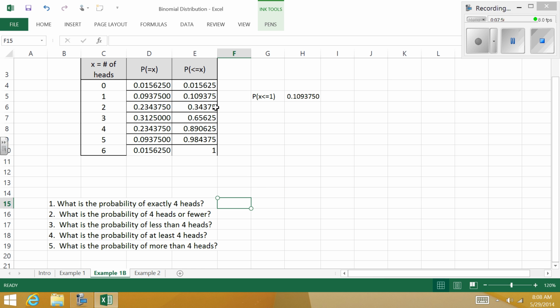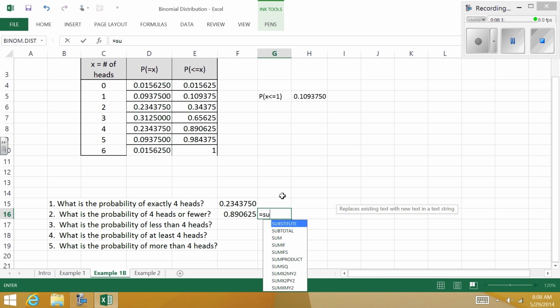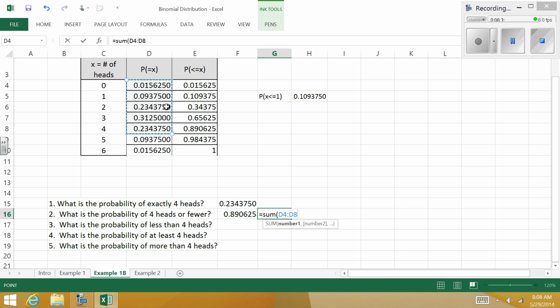The probability of exactly 4 heads is, as we found before, the value here. The probability of 4 heads or fewer is going to be this value here, or alternatively, it is the sum of 4 heads or fewer, so 0, 1, 2, 3, 4 heads.